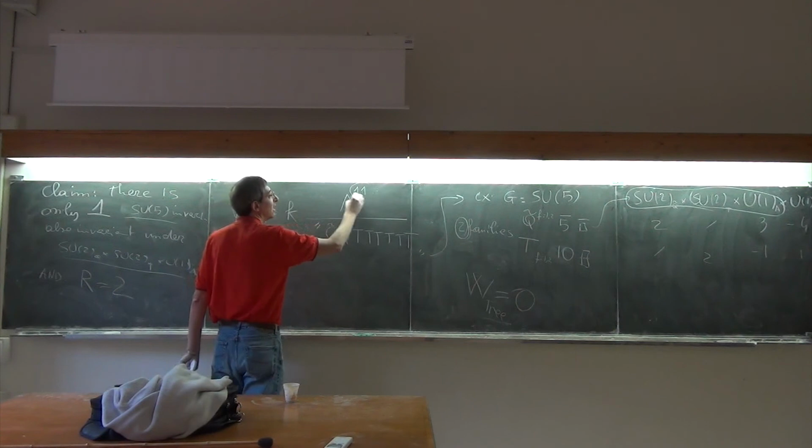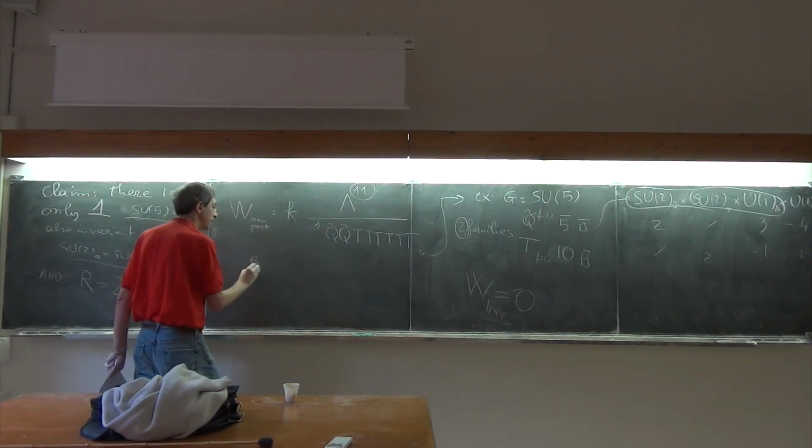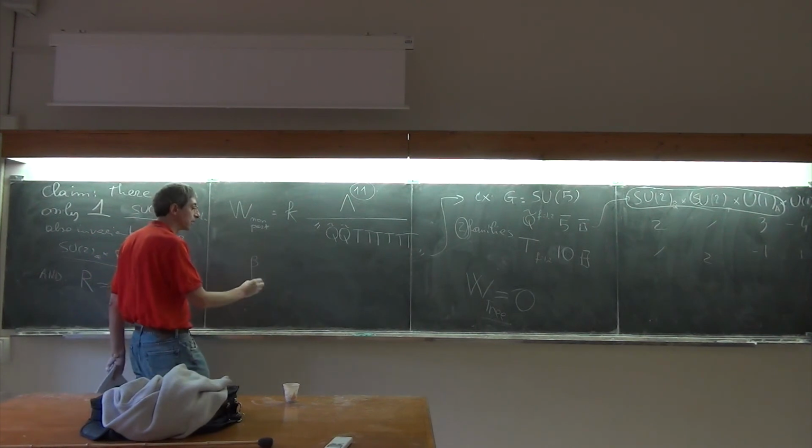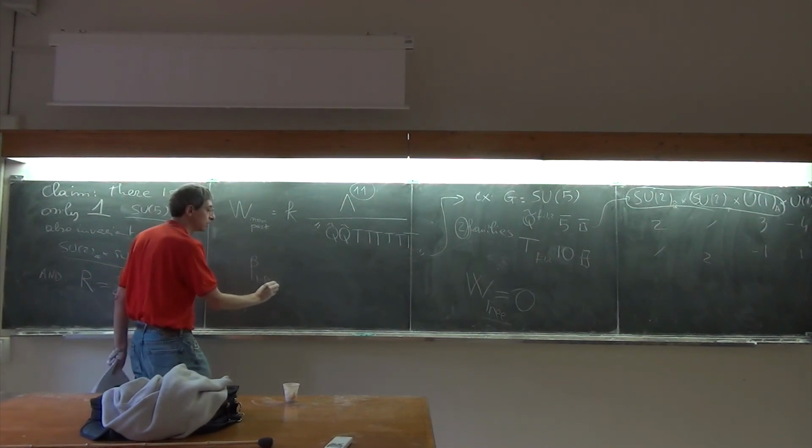11 is another magic number, because what is the beta function for this theory? The coefficient of the beta function, the one good coefficient for the beta function of this theory.